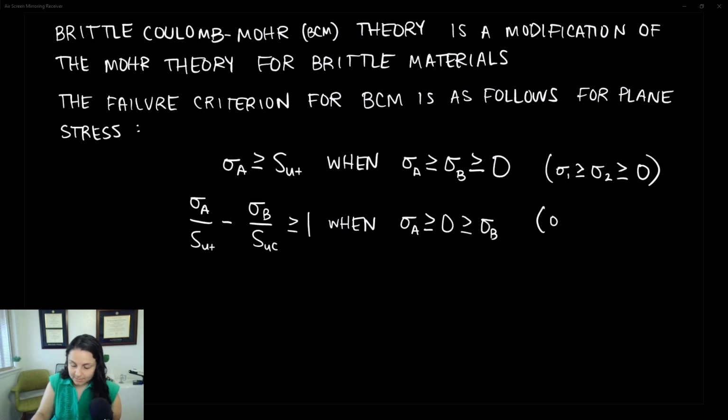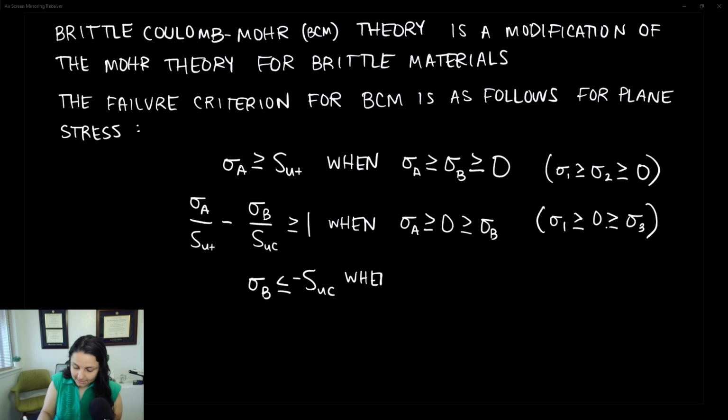So in other words, this is when sigma 1 is positive and sigma 3 is negative, sigma 2 is 0. And finally, we will use this last form of the Coulomb-Mohr theory. We predict failure when sigma B is less than negative SUC, when sigma 1 is 0, and then sigma A and sigma B are both negative.